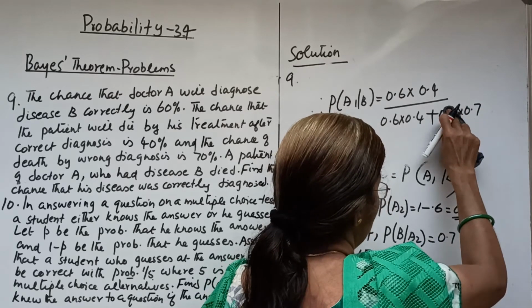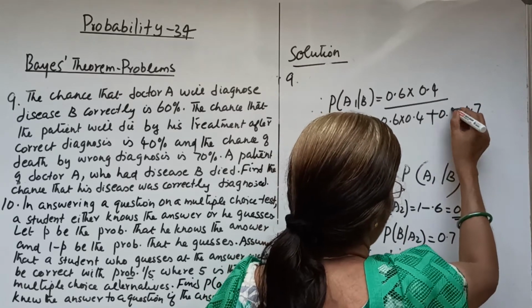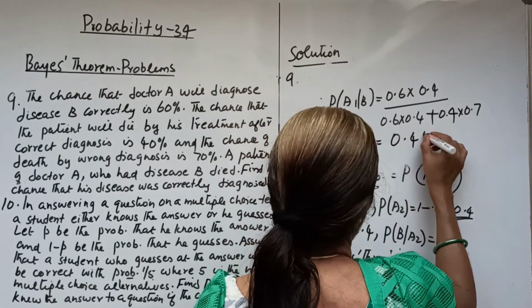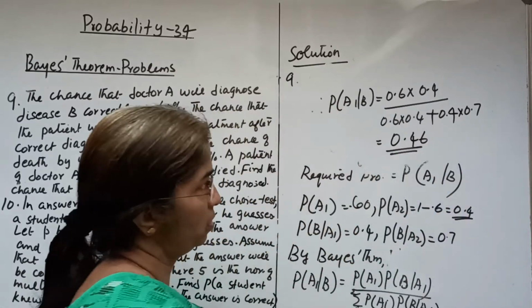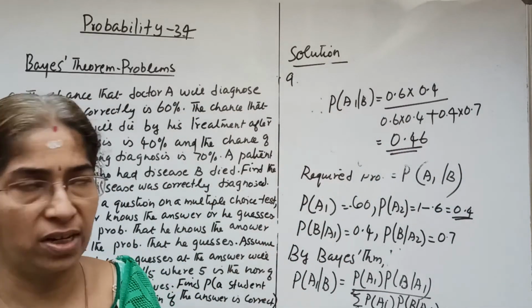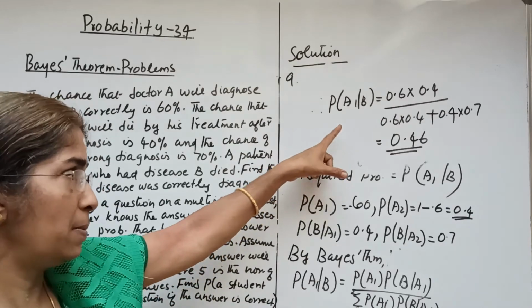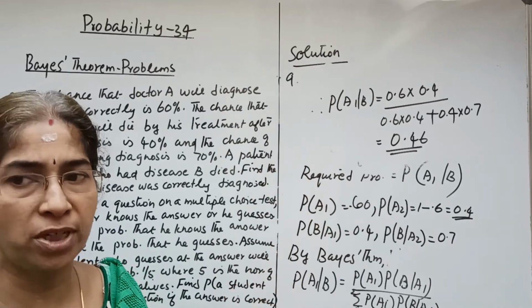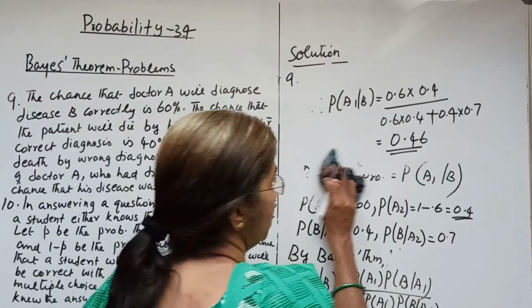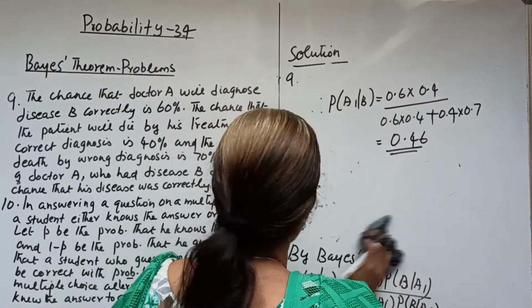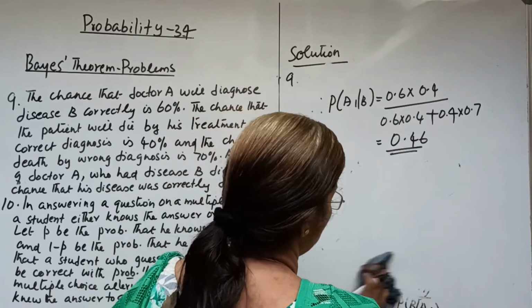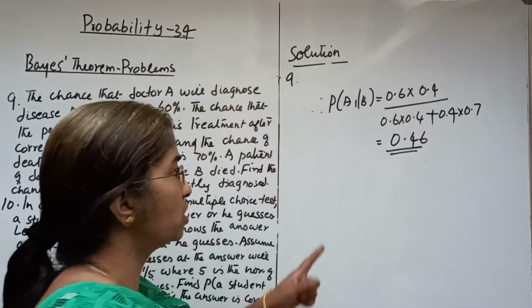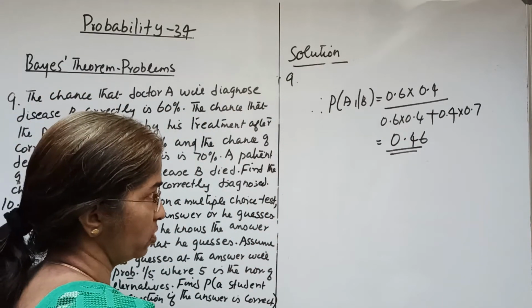And the answer on simplification is 0.46. That is P of A1 given B by Bayes theorem. Under the condition that the patient died, it is the probability that the diagnosis was correct, that he correctly diagnosed disease B. So this is equal to 0.46.